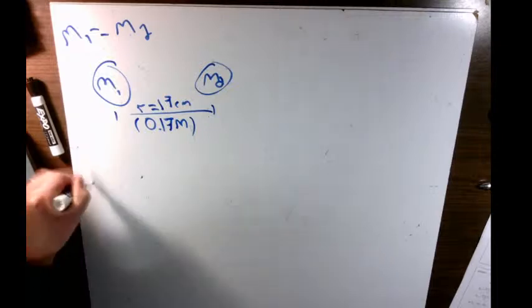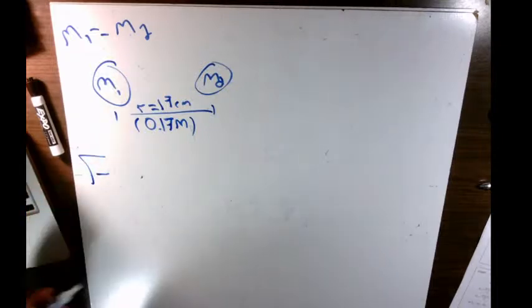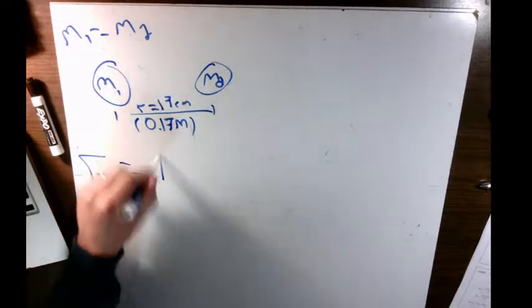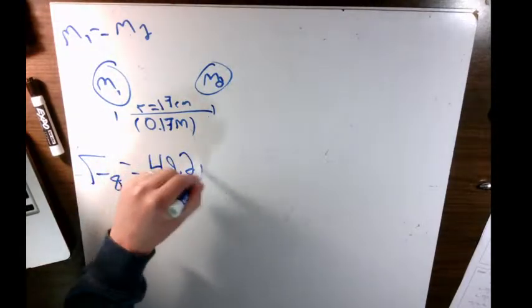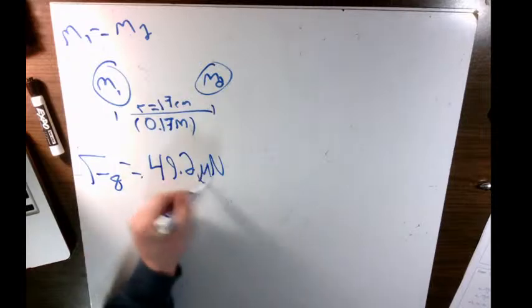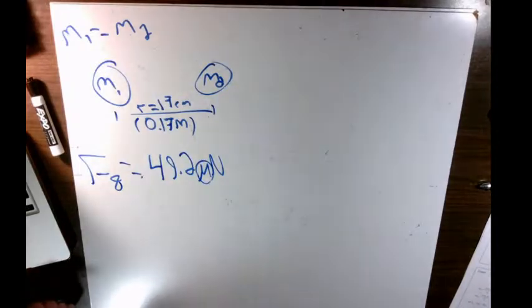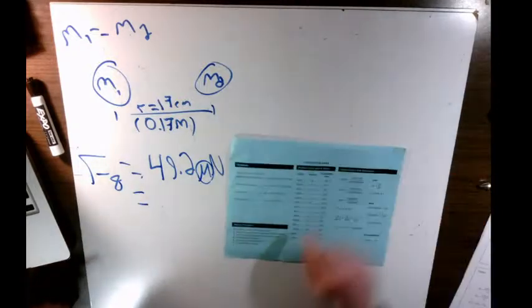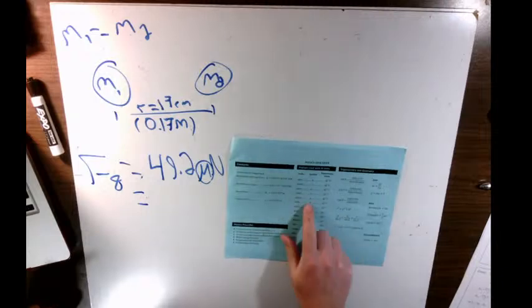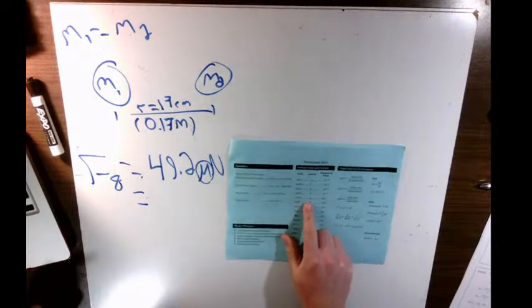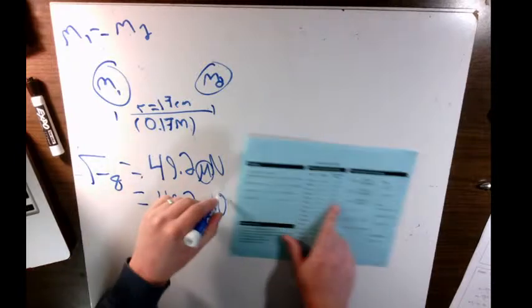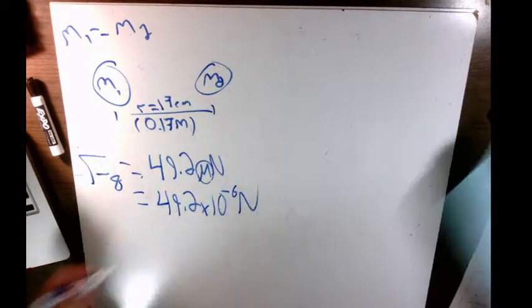They tell us the force of gravitational attraction between them is 49.2 micronewtons. That little mu, that weird looking u, means micro. If we look on the back of our formula sheet, we have our prefixes. We can find the symbol micro, and it says it's times 10 to the negative 6. So we have 49.2 times 10 to the negative 6 newtons.